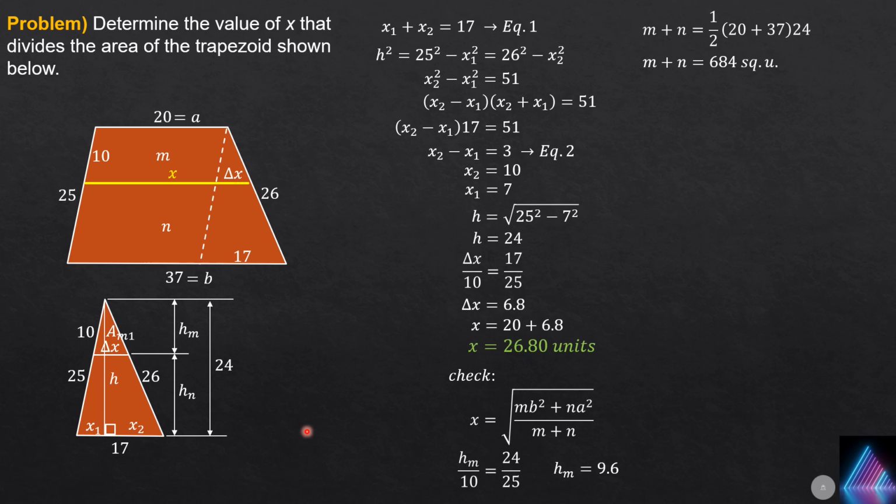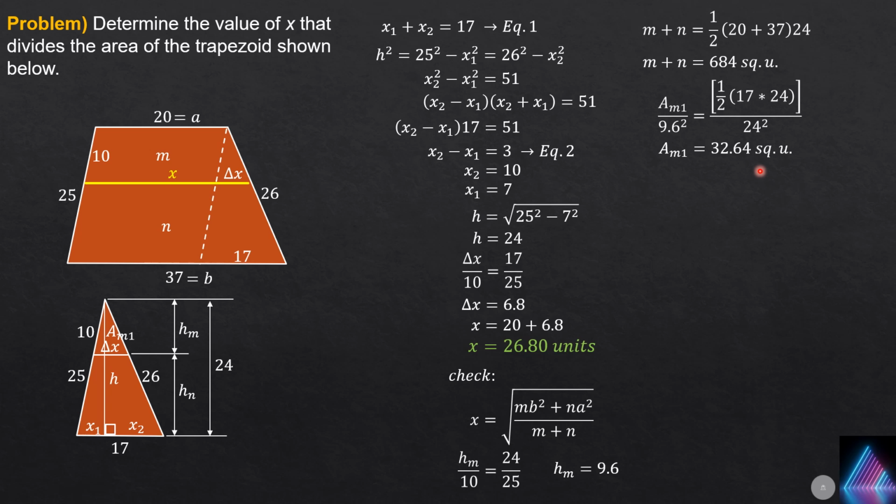So area M1 is to HM square, because that's the ratio of area, so we must square the corresponding dimension, which is HM here. And it is equal to the area of this triangle, which is 1/2 17 times 24, and the height is 24, so as to 24 square. So area M1 is to 9.6 square, which is HM, equals 1/2 of 17 times 24 is to 24 square. Area M1 therefore is 32.64 square units.